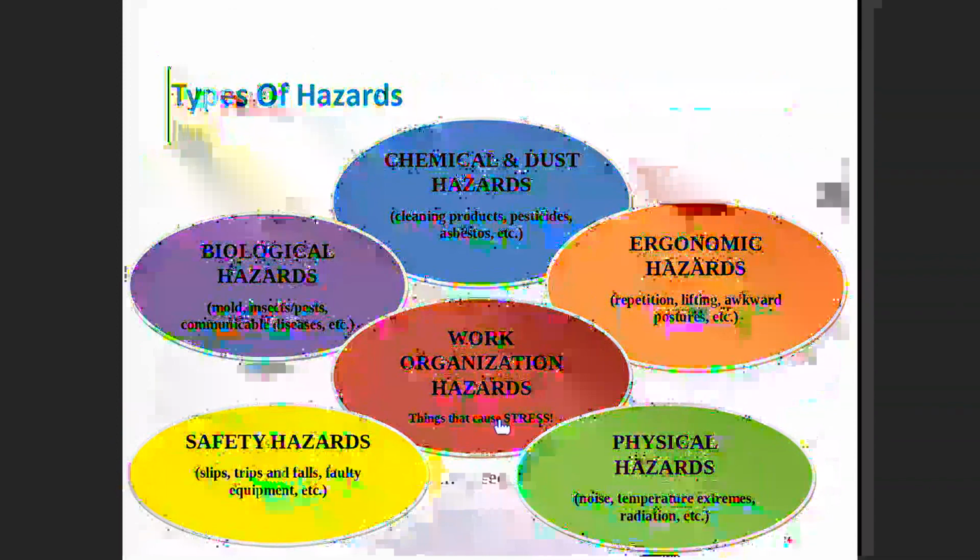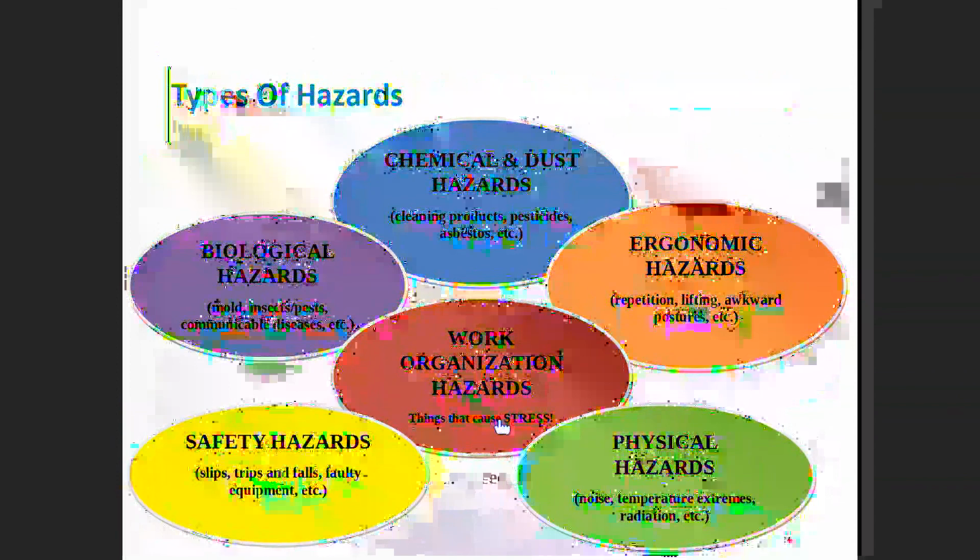stress could cause medical conditions. We see people who, due to stress, have been in ICU due to heart pressure, high blood pressure, or diabetes if they have diabetes and they've been through stress. These are types of hazards you should be aware of.